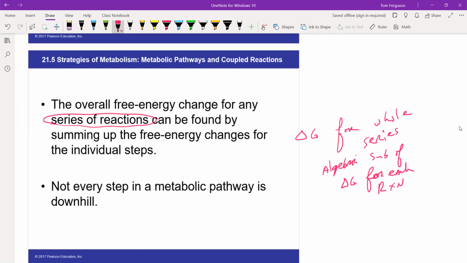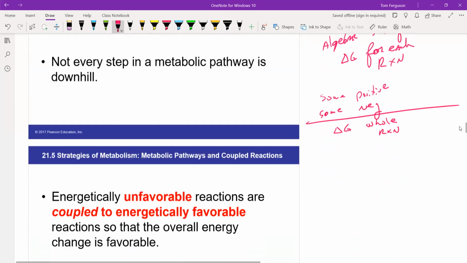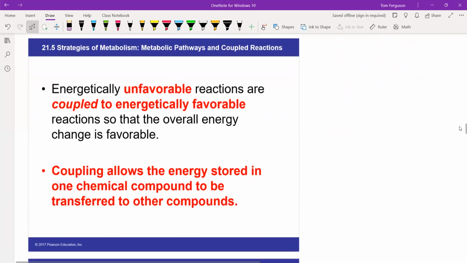Some can be positive, some can be negative. All said and done, we will get a delta G for the whole reaction. And that's what they're talking about here. Overall energy is favorable. In other words, delta G is less than 0.